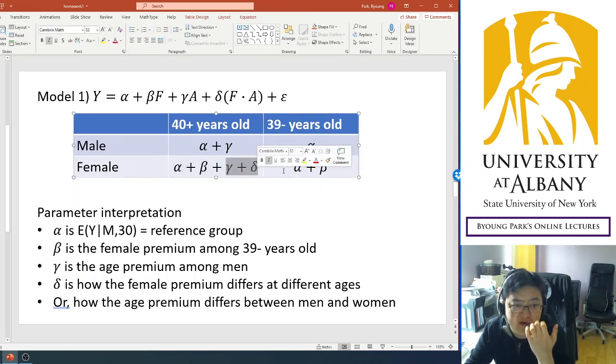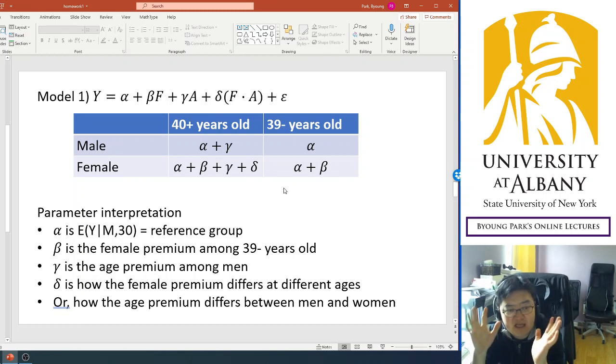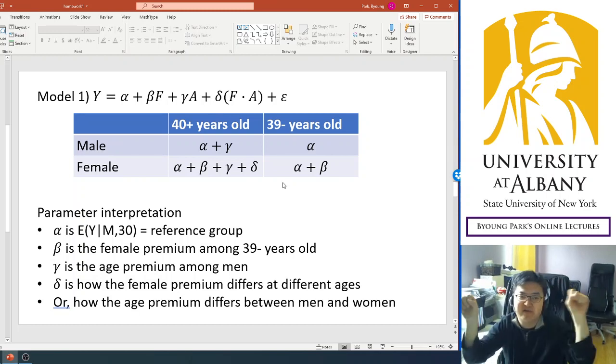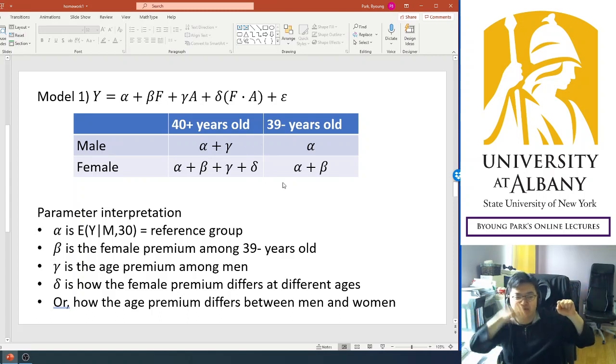If you compare these two, then you can say that delta is the difference in age premium across gender, right? So it is also a difference in differences. You first calculate the difference across ages and then compare the two differences across gender. So then you have those interpretations.